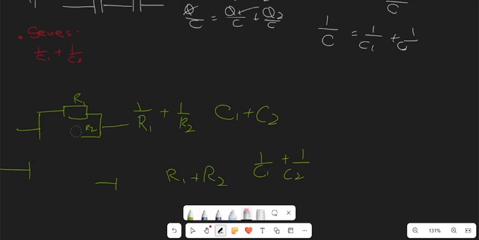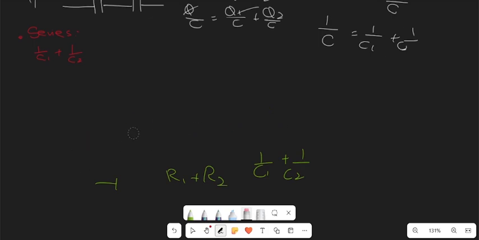Now what we're going to do is draw a graph to see the relationship between Q over V. Now C for any capacitor is fixed.